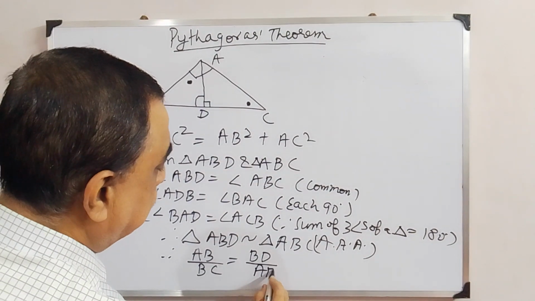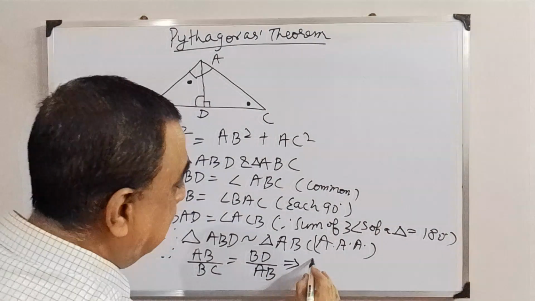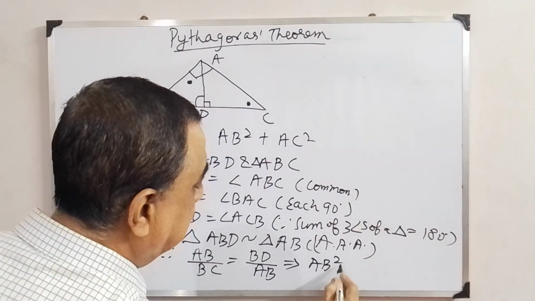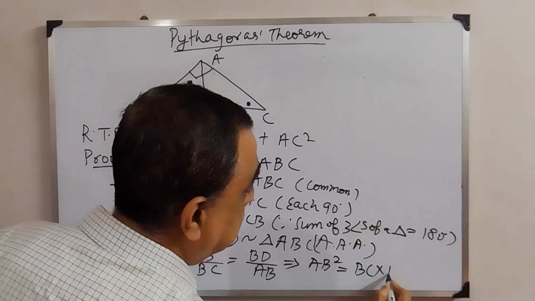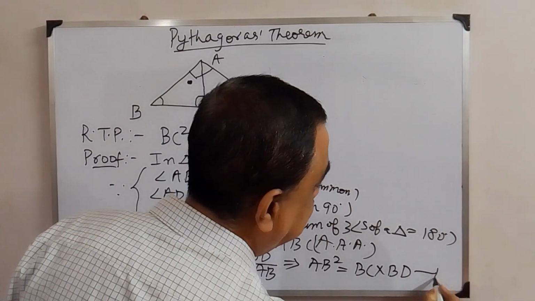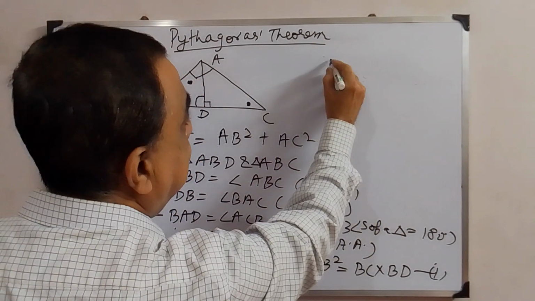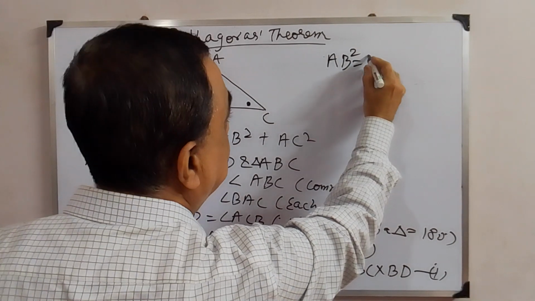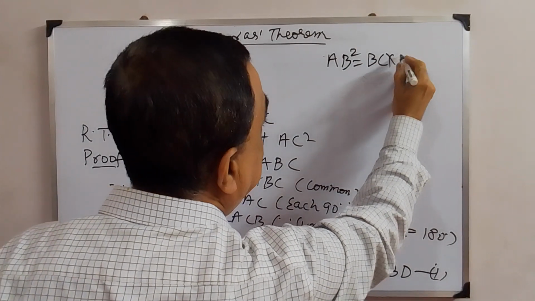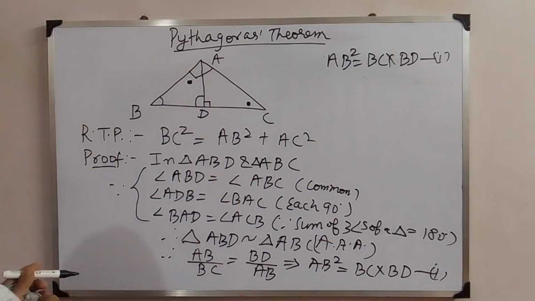Cross multiplying, we get AB squared is equal to BC into BD. This is statement number 1. I am writing statement number 1 separately: AB squared is equal to BC into BD.